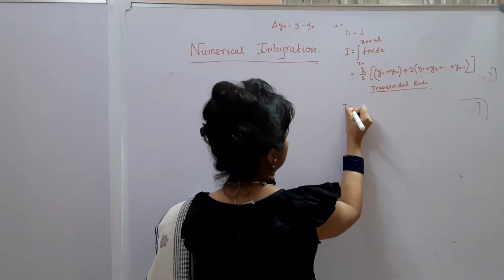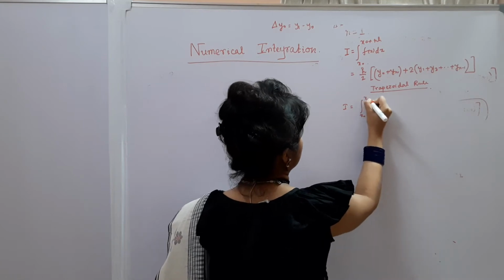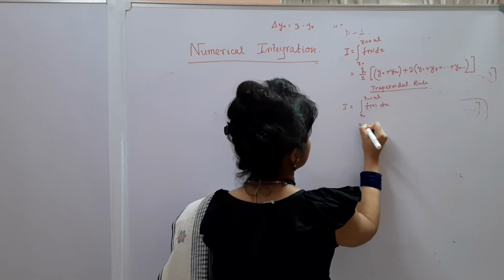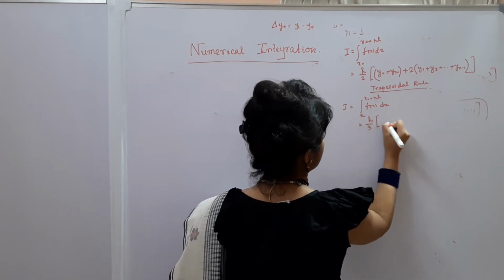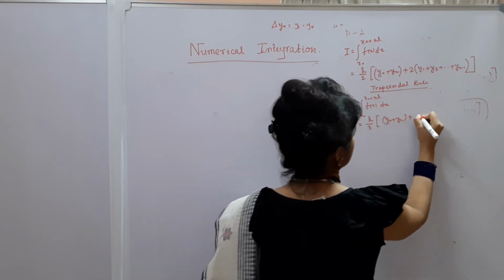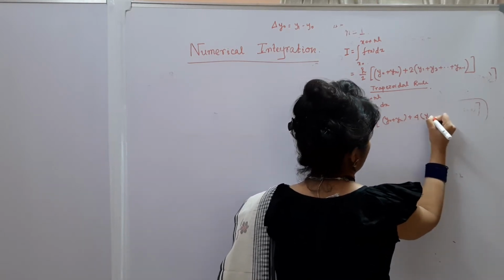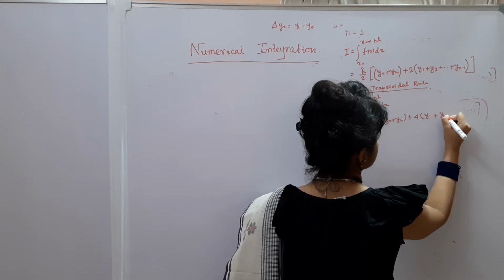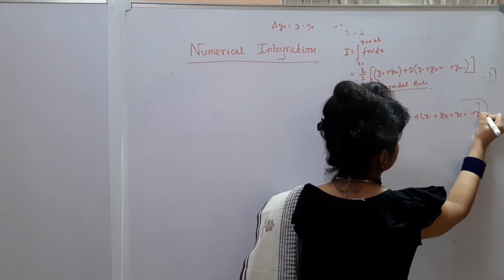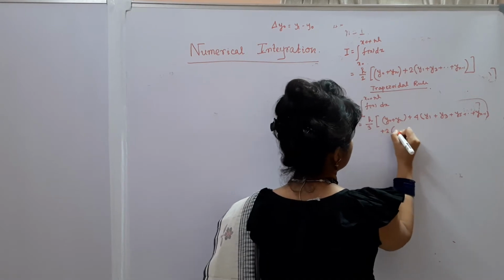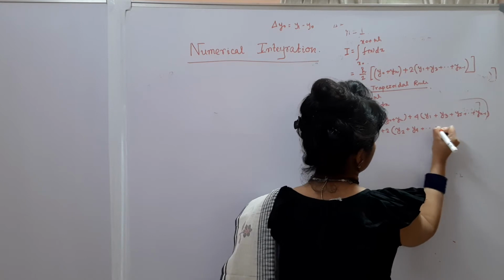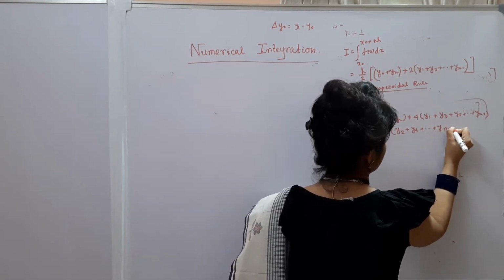And for Simpson's 1/3 rule I am writing here, this is h by 3 times y0 plus yn plus 4 times y1 plus y3 plus y5 up to yn minus 1, plus 2 times y2 plus y4 up to yn minus 2.